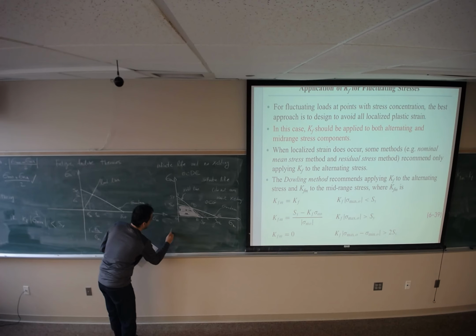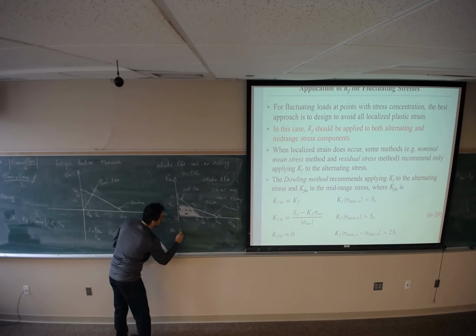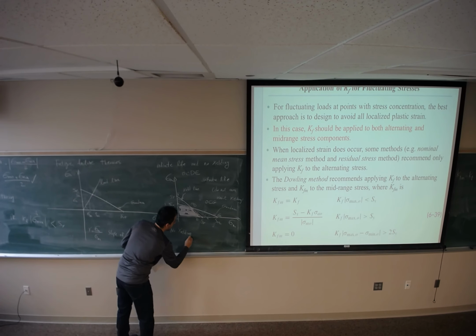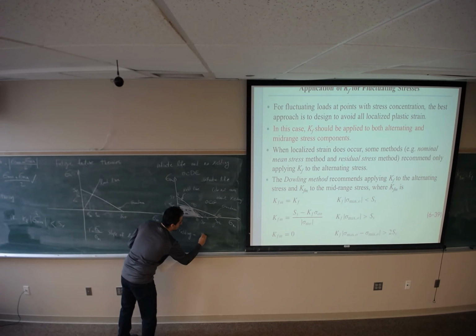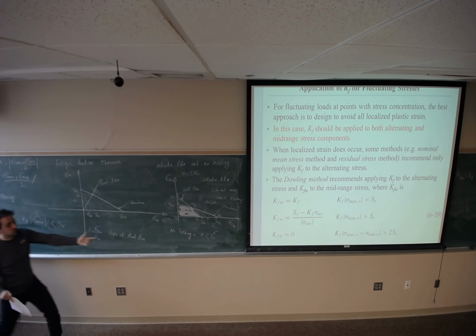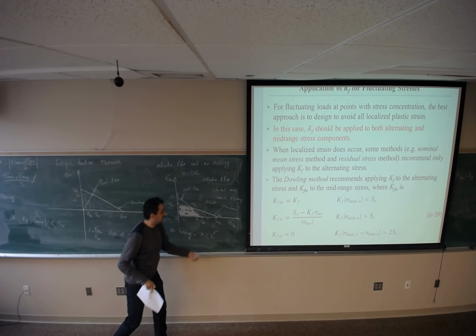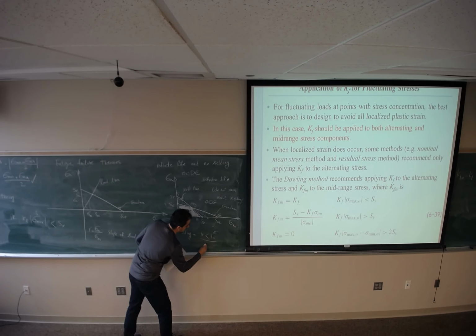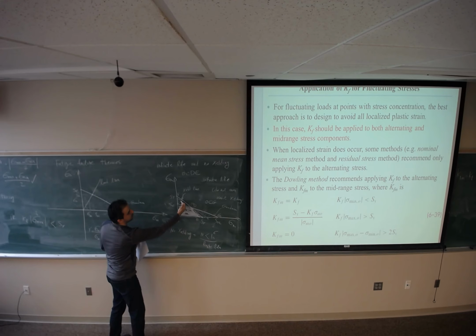And if I don't want to see yielding, plus the number of cycles less than 10 to the power 6 means finite life. If you want to have no yielding plus N less than 10 to the power 6, meaning finite life, and no yielding, it should be on this side.